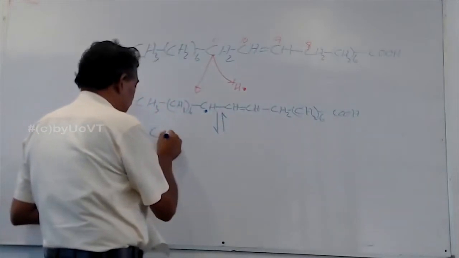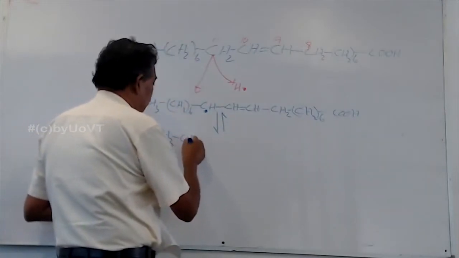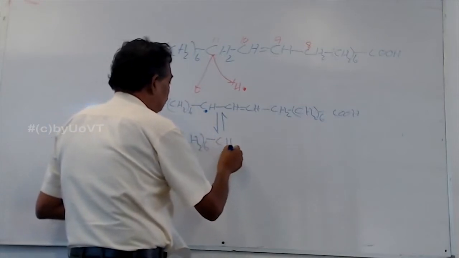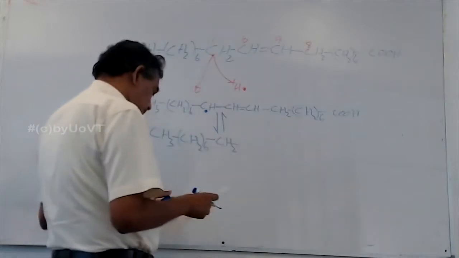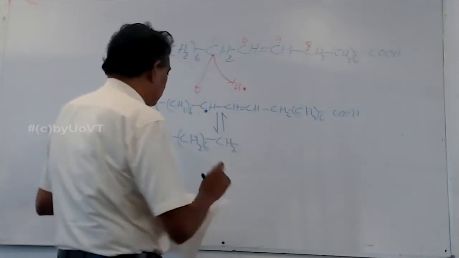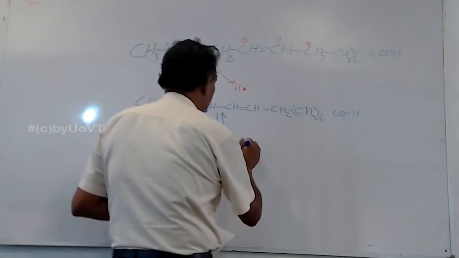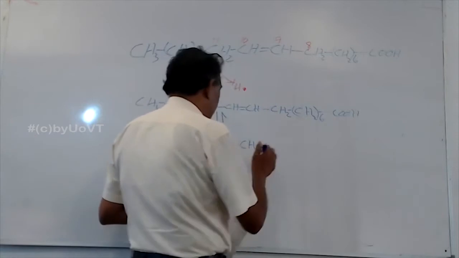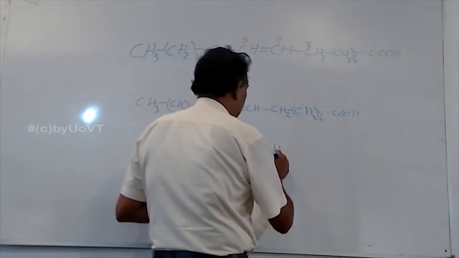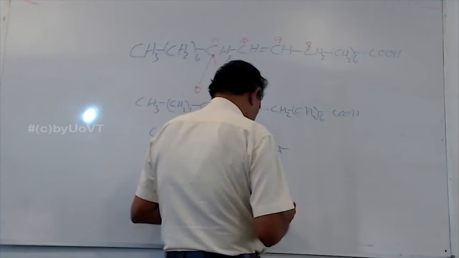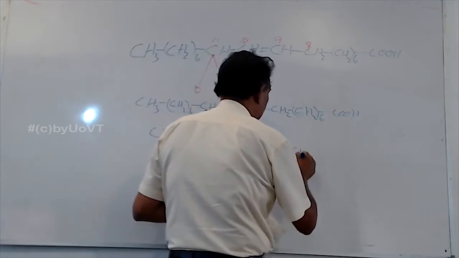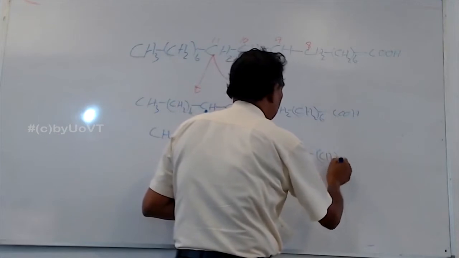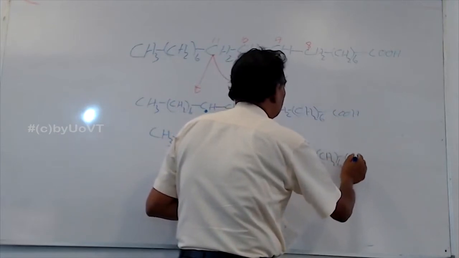CH3, CH2 6 times, this becomes CH, so this becomes CH, the next one becomes CH, CH2, CH2 6 times, C double O H.